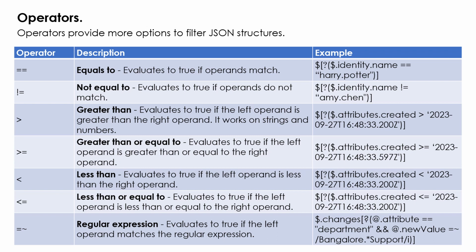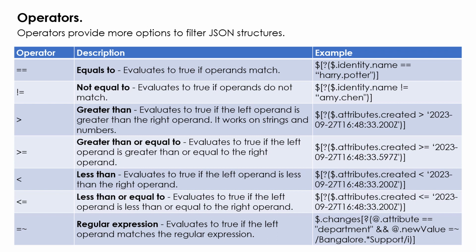And the second one is the not equal to operator, which is used to check for inequality. It's used to determine if two values or conditions are not equal to each other. And the greater than operator evaluates to true if the left operand is greater than the right operand. It works on strings and numbers.